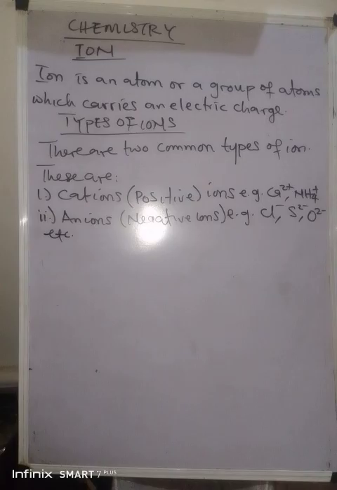Okay, now let's look at what happens. How are ions formed? How are positive ions and negative ions formed? So this table will guide us. Let's look at this table.